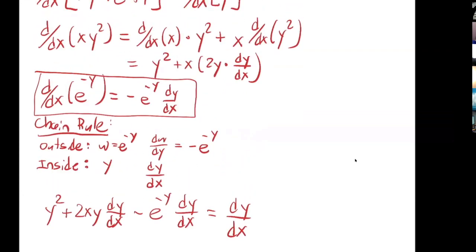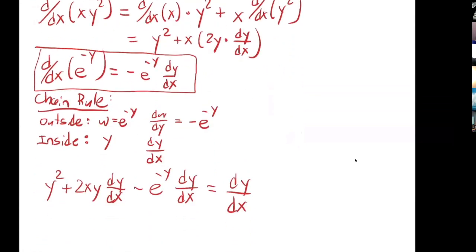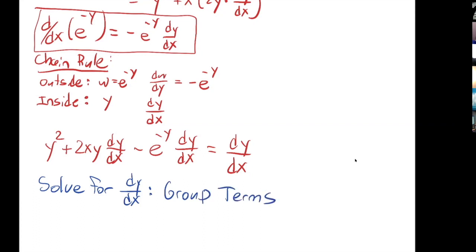So the gist with implicit differentiation is we first take the derivative of both sides, and then step 2 is solve for dy dx. Solve this equation for dy dx. And the way that you typically do that, if you have more than one dy dx term, is you group all of those terms together on one side, and you group all of the terms that don't have a dy dx on the other side.